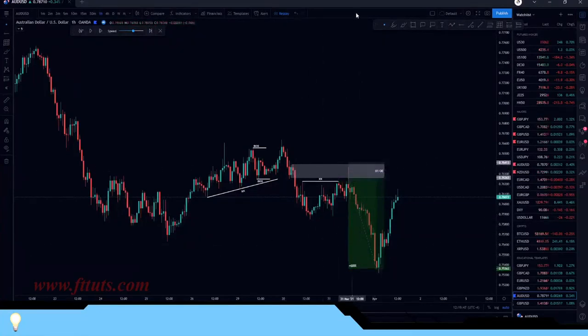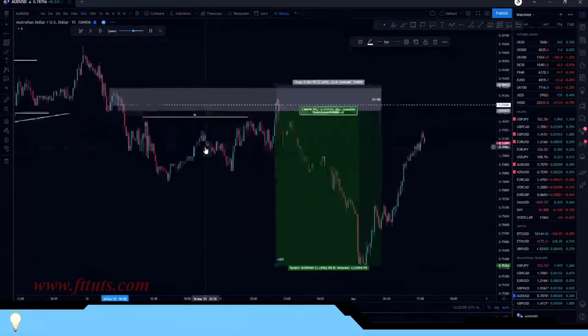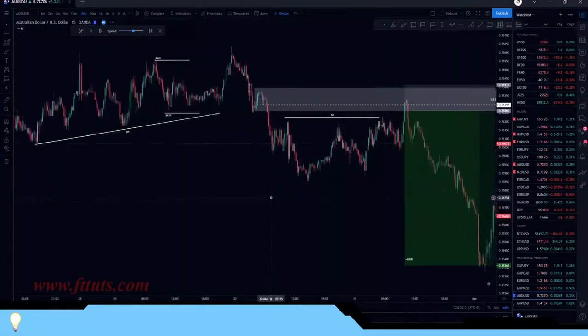And let's go and see how we could refine this order block, right? So we know that the point of interest on the 1 hour, where the inefficiency would get filled completely, is at the 0.76296 price point. We go down to the 15 minutes.